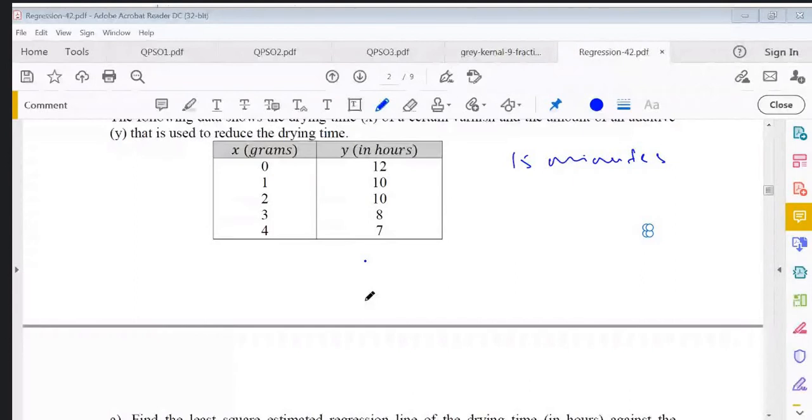Then 5. What is the value Y? Okay, 4. Y is 4.